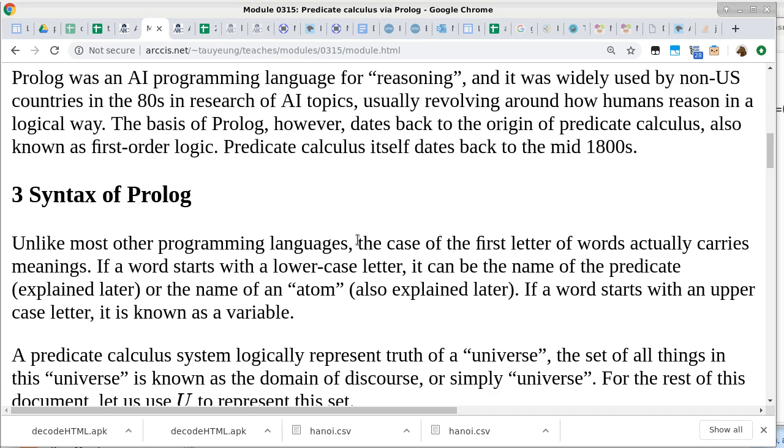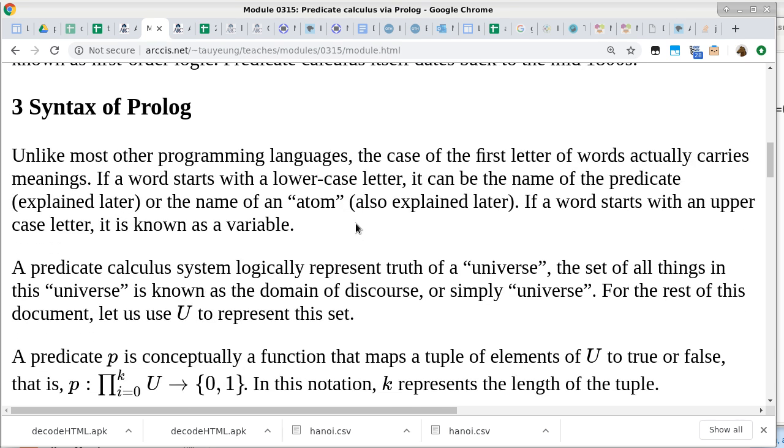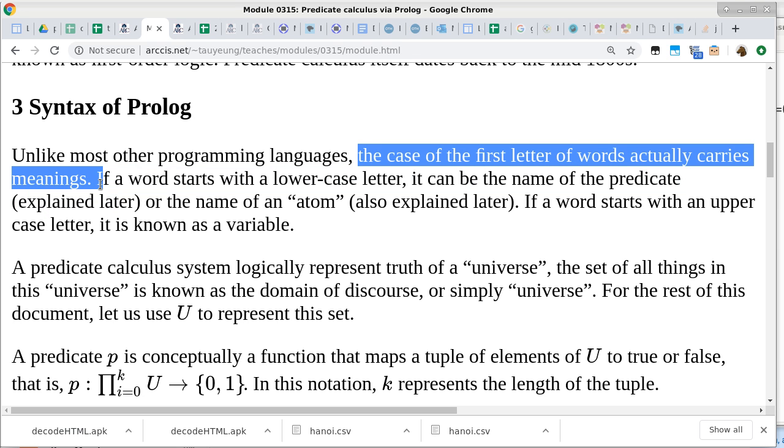The syntax of Prolog is kind of interesting. Unlike most other programming languages, not only is Prolog case sensitive, but the case of the first letter of a word actually has meaning to the programming language. So it's not really just a convention, as in C, C++, Java, and most modern programming languages, that variable names start with a lowercase letter.